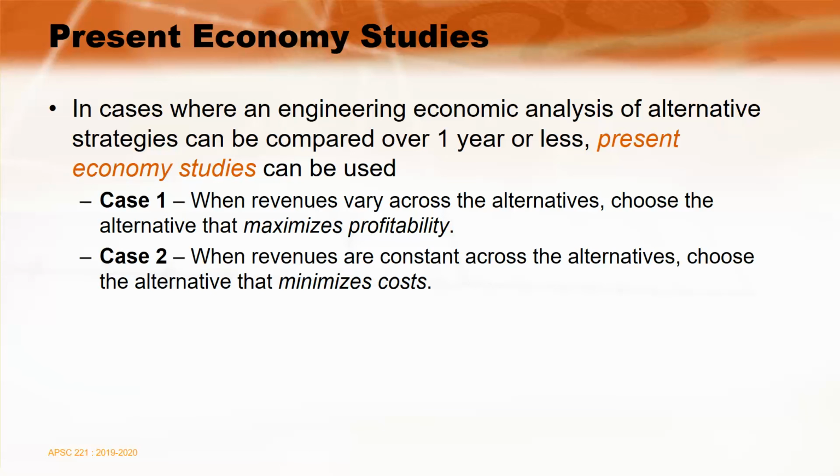If, on the other hand, I've got the same revenue, so I'm manufacturing those cans of paint, I can sell those cans of paint for $25 a can. It doesn't matter whether I manufacture that same can of paint on my A production line or my B production line or the C production line. Then it's really about not worrying about the revenue. The revenue is taken out of the equations, and you're really looking at minimizing the costs.